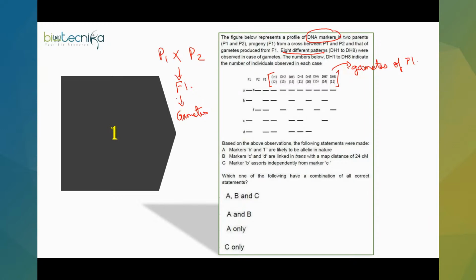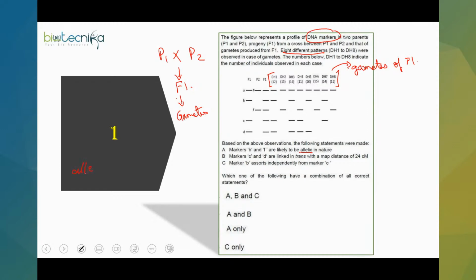Now, first of all, what is an allele? Going to the very basic discussion of genetics, an allele is nothing but an alternate form of a gene. If it is allelic in nature, that means both alleles will occupy the same gene locus.